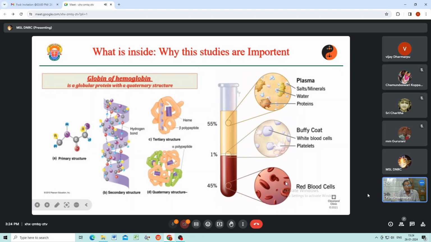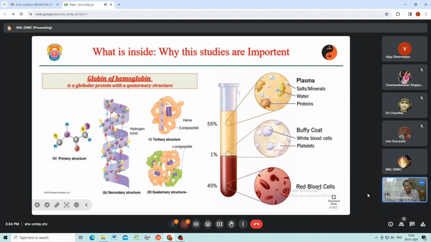Why do red blood cells look red in color? Because of hemoglobin. That hemoglobin has one nature, and that nature depends on the structure. The structure speaks the content. What is that content here?